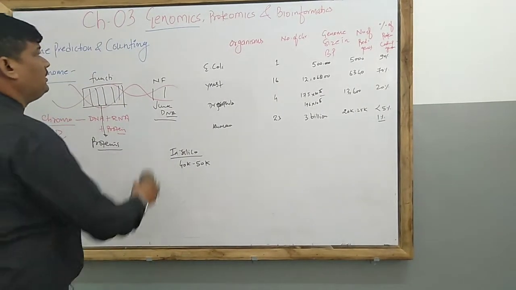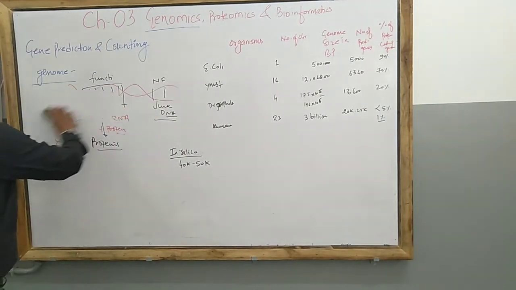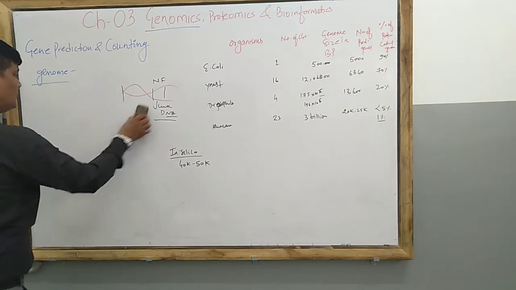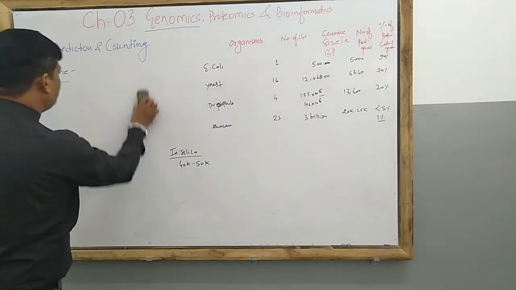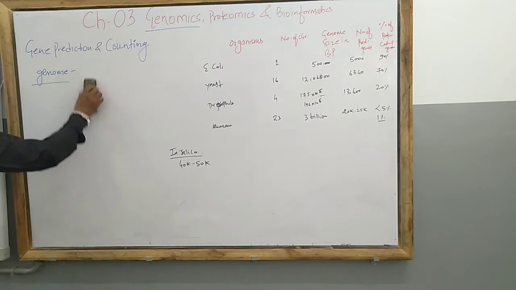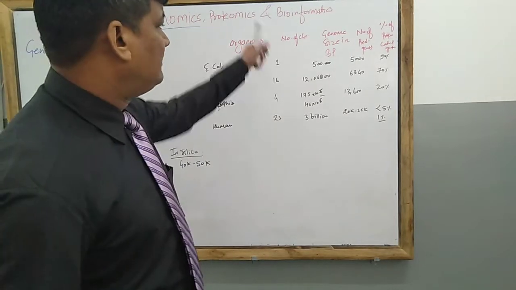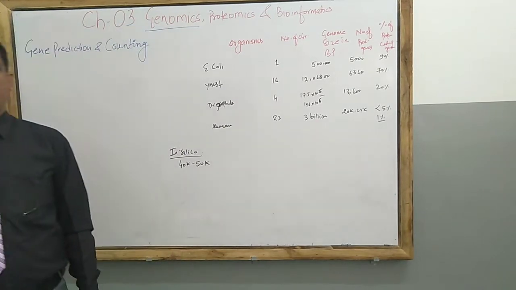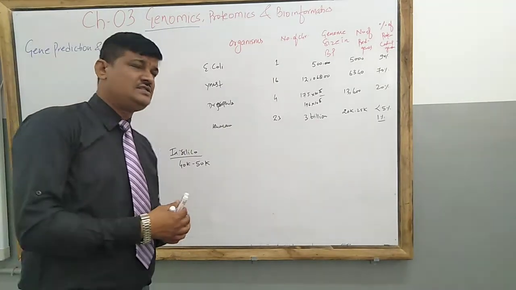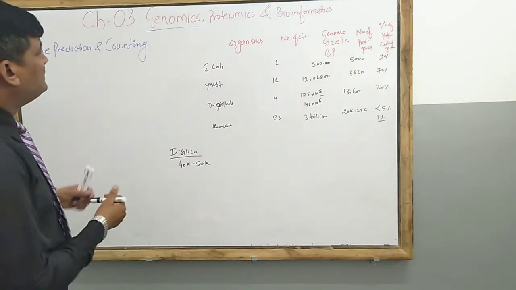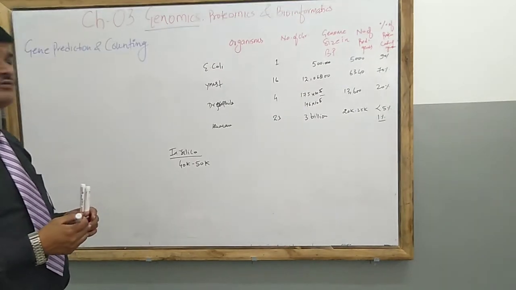Now the term proteomics. Proteomics is the total number of proteins present in an individual or living cells. And the third one is bioinformatics, the emerging new branch of science which has a wide scope.